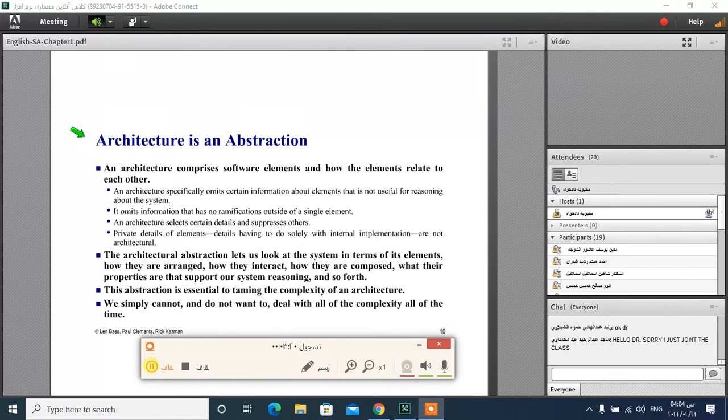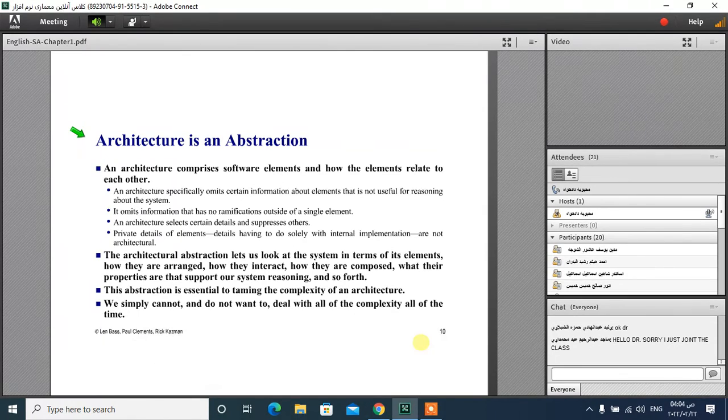One of the important points about architecture is that it is an abstraction. An architecture is an abstraction because in an architecture we have software elements and how those elements relate to each other.